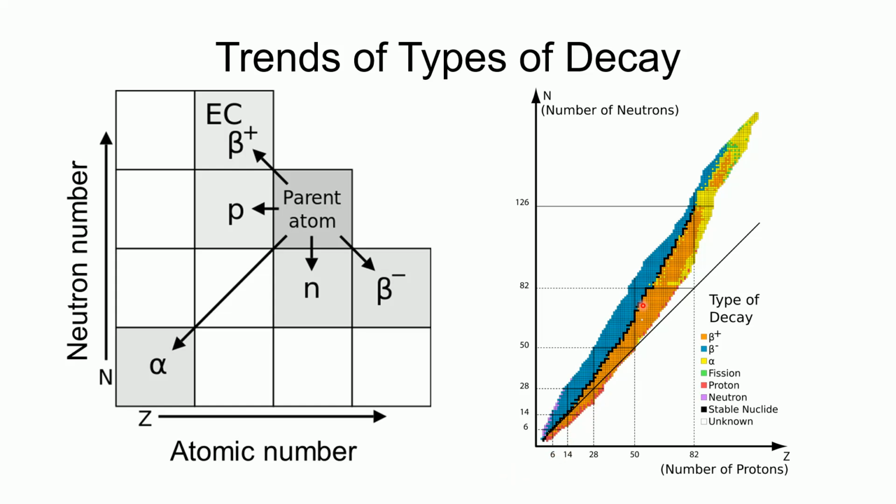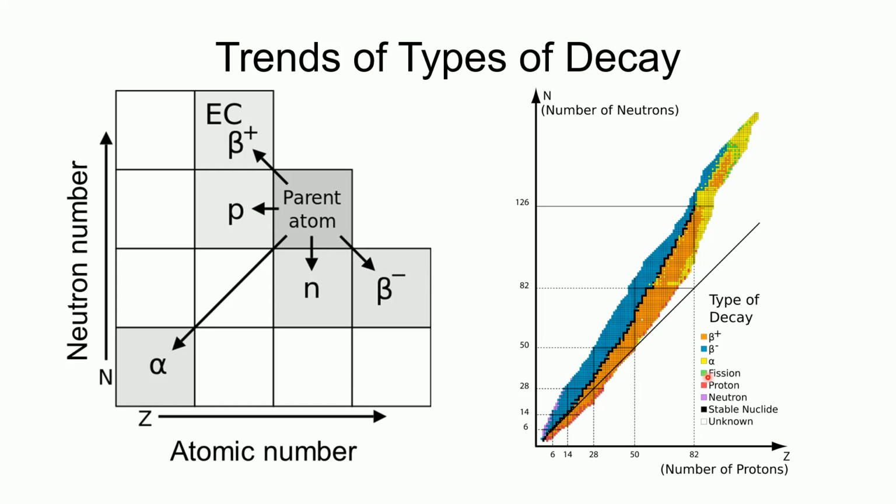Again, all the black dots represent the stable isotopes. The blue dots represent elements that are more likely to undergo beta decay. Now, it doesn't exclude the possibility that other reactions could occur, but it's more likely to undergo beta decay. So these things will likely undergo beta decay to get closer to a stable nucleus.